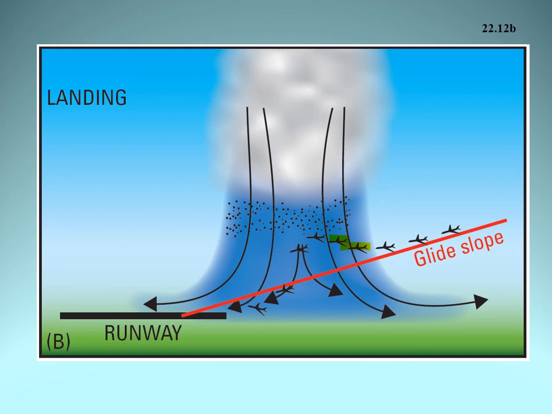Tailwind, once again, will not help you keep control of the airplane, and then the airplane will crash. So these days, a lot of modern technology has been put into trying to detect these microbursts. Using the terminal Doppler radar system, we use basically the same kind of technology that we use for tornadoes.